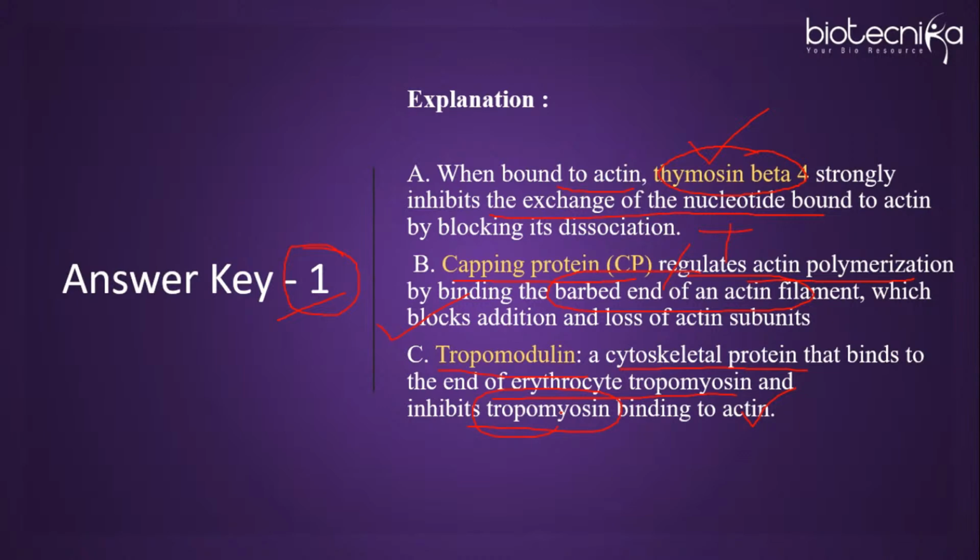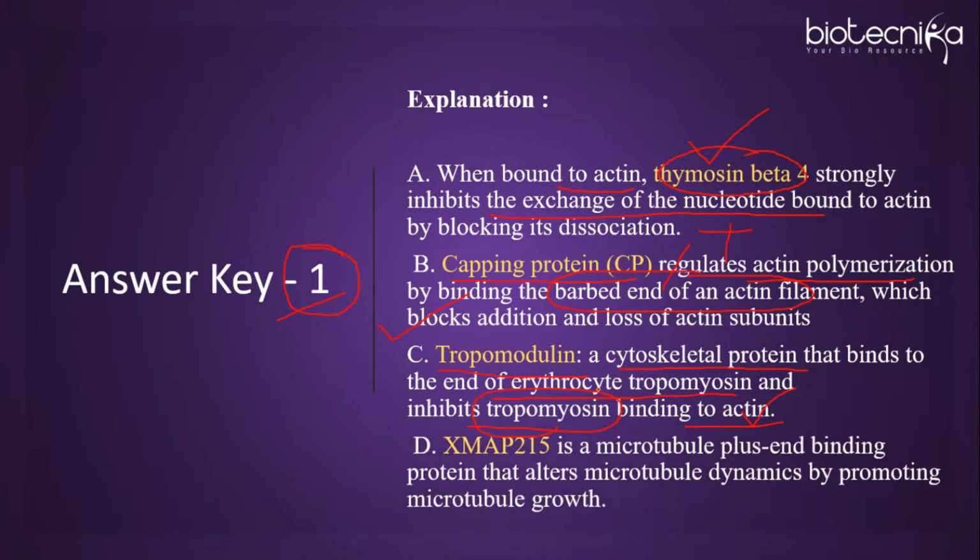Anyone who might have studied in the earlier classes or anywhere from your book? Tropomyosin are actually responsible for binding to the actin for providing stability to the actin filaments. In fact, this tropomyosin as a whole will be bound throughout the length of actin filament in order to provide the stability.